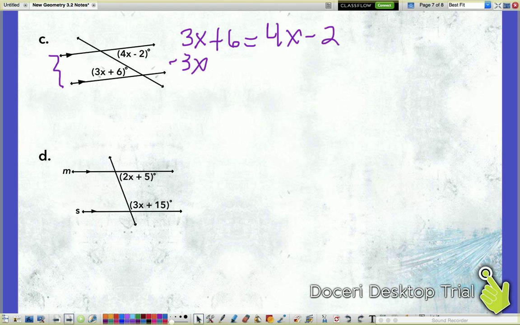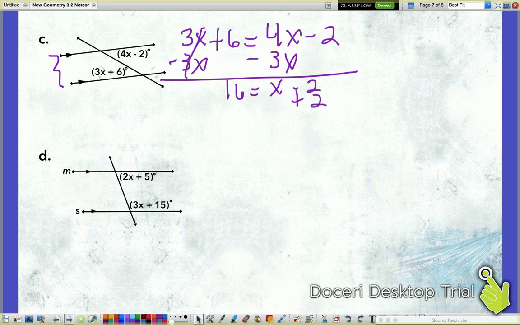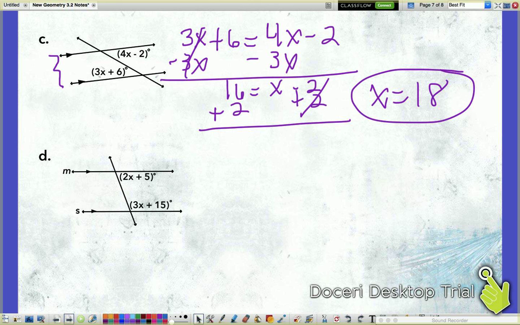So subtract 3x. Add 2 to both sides, and x is 18. So let's plug that back in for x.